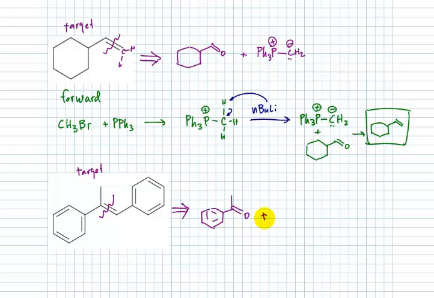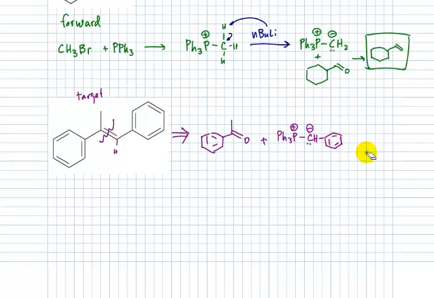Okay. The other side will be our ylide, Ph3P+. This carbon has just one hydrogen, so the ylide will be the same, CH minus, and then benzene. Okay.